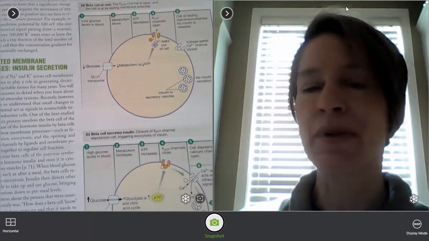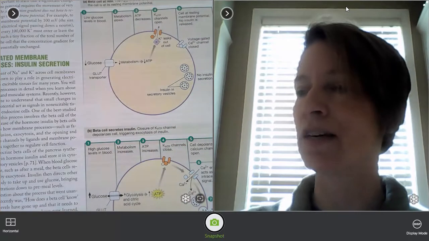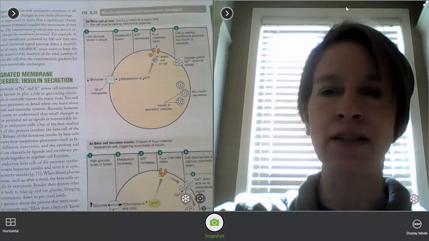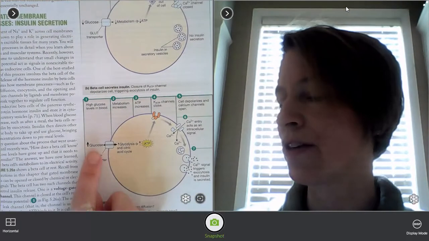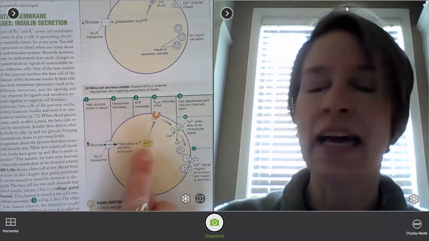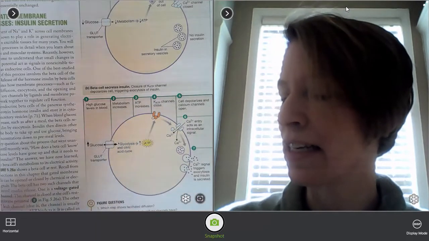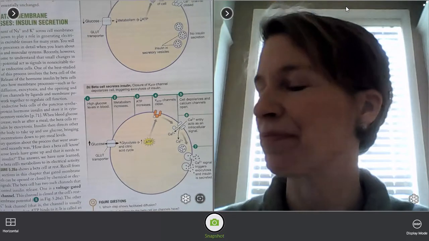However, when we have this trigger in the fact that the blood sugar is going to be increased outside of this beta cell, then the glucose, or sugar from the blood, moves over and ATP is made, closing the potassium channel, and then calcium voltage-gated channels will open upon depolarization.